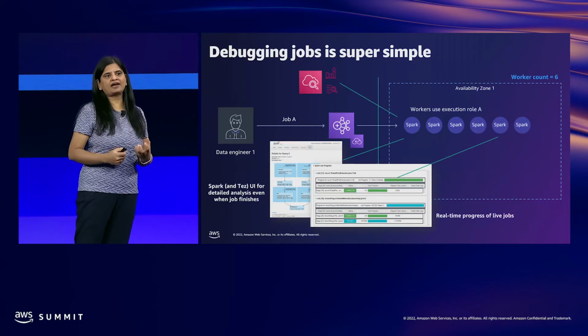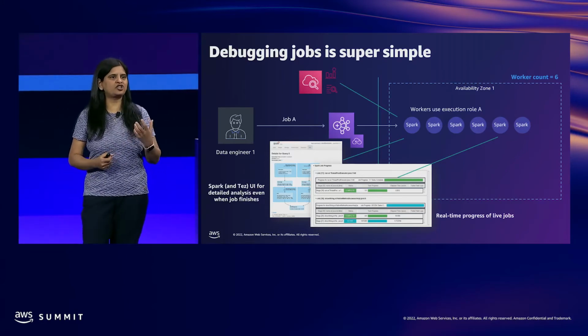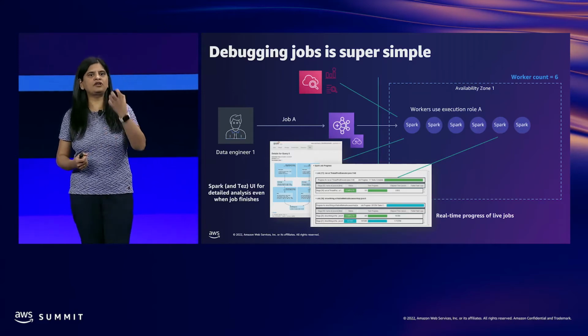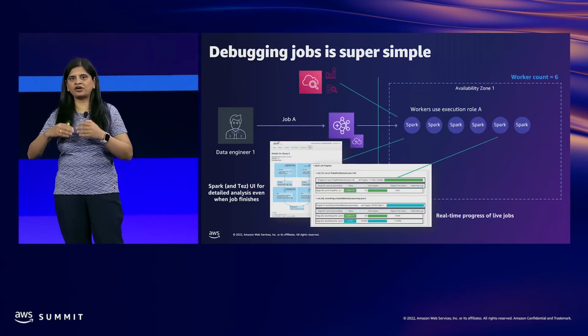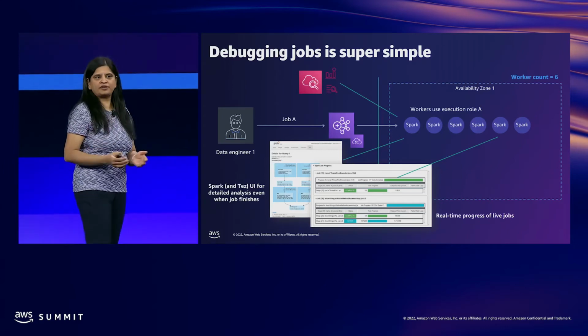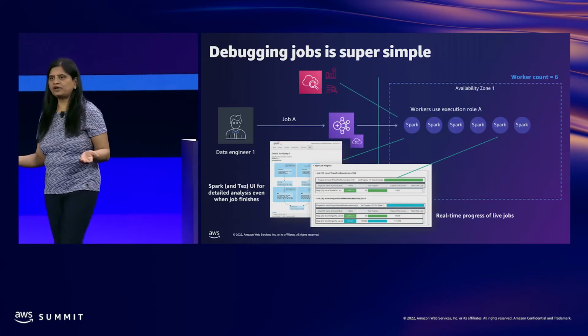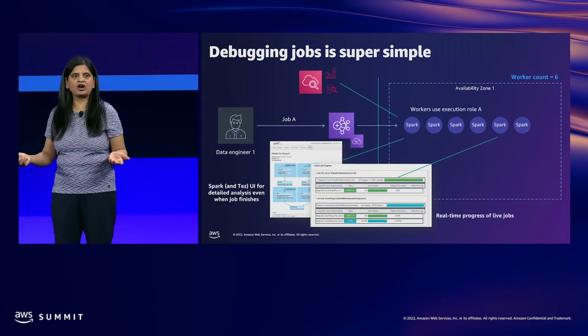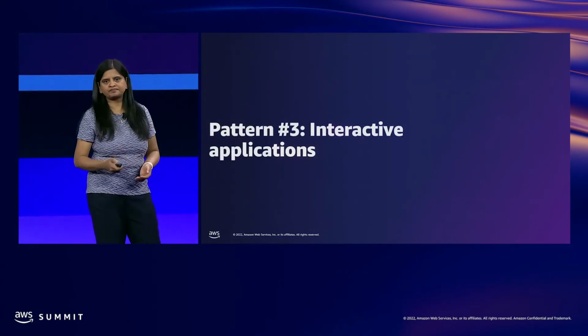And you will also have the ability to run a persistent UI, the history server, once the job is completed. So you will be able to launch the history server and look at the jobs that have already completed, even if you have terminated the application. So job debugging and logging is further simplified with EMR Serverless.